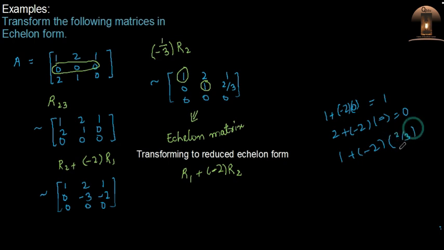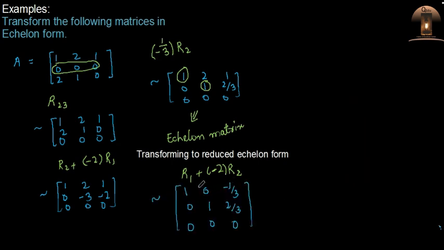When you apply this, you will get 1 minus 4 upon 3. When you simplify, you get 3 minus 4 upon 3, which equals minus 1 upon 3. So the resultant matrix has first row 1, 0, minus 1 upon 3, second row 0, 1, 2 upon 3, and third row 0, 0, 0.